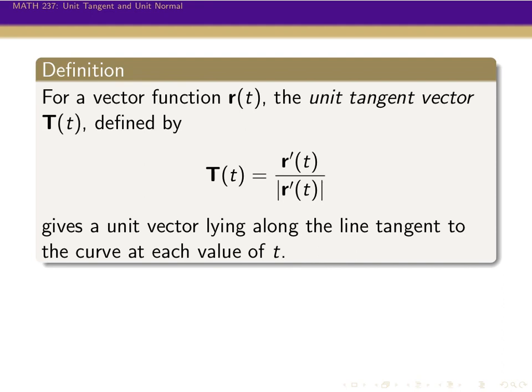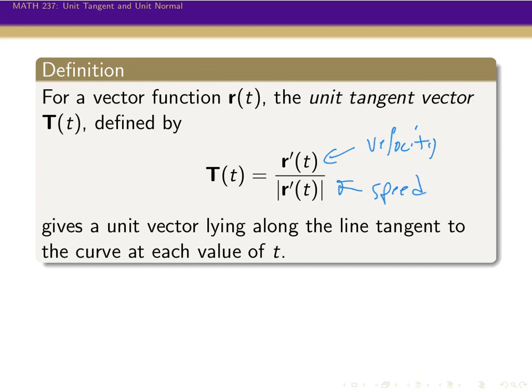This behooves us to define something based on r prime, which we're going to call the unit tangent vector, capital T of t. What capital T of t is, you just take the velocity vector. The velocity vector is lying on the tangent to the curve, and its magnitude is the speed. So we want to strip out that magnitude, and we're dividing by the speed.